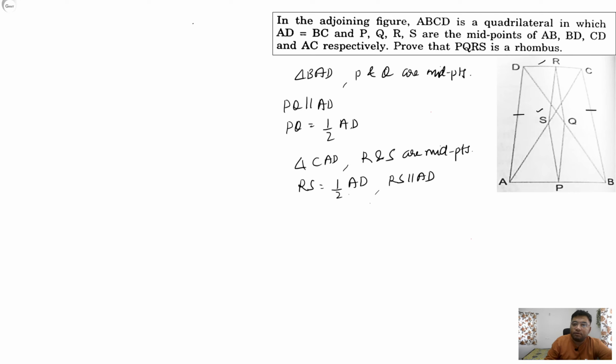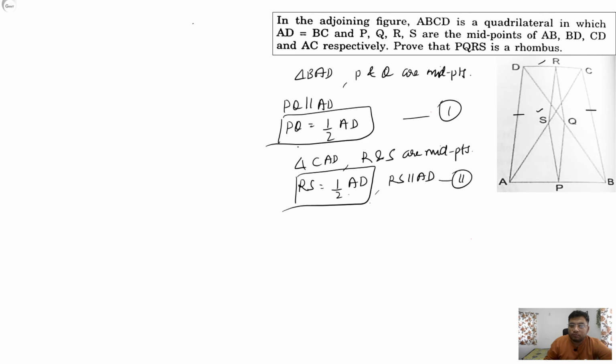So I have two things which are equal to half of AD. It's very easy to spot that these two will be equal. We can easily say from equation 1 and 2 that since both of them are equal to half of AD, PQ is equal to RS.